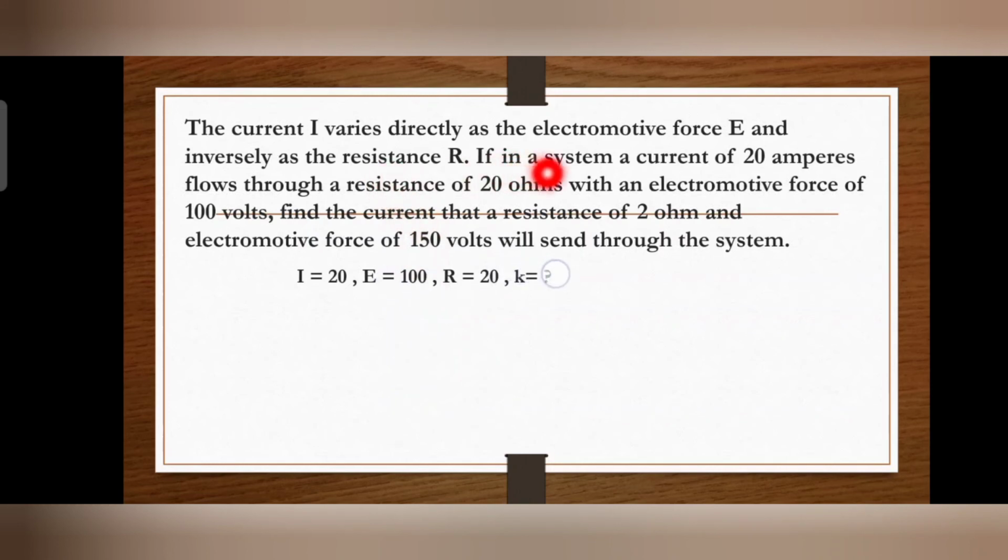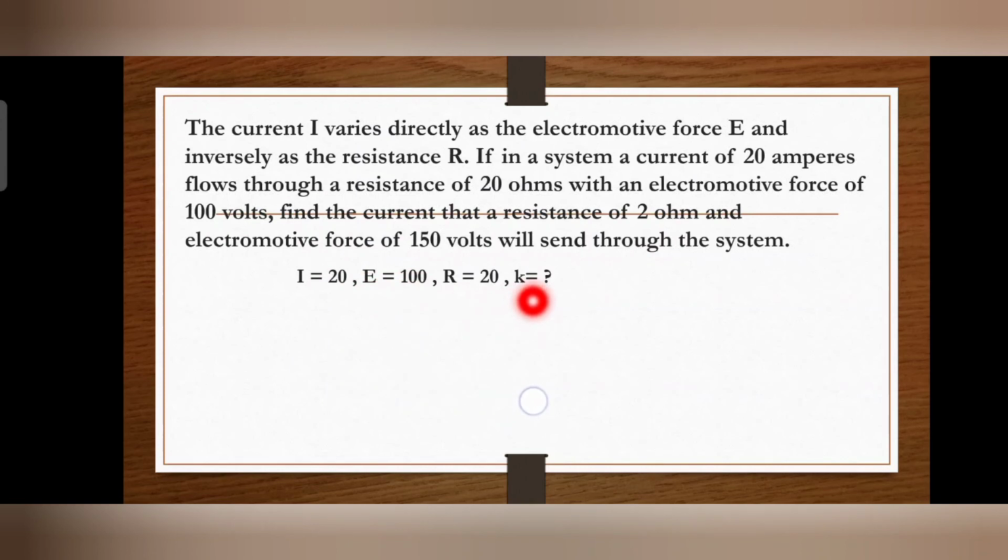So, ang I natin is, if in a system, a current of 20 amperes, it means yung I natin is 20, flows through a resistance. So, resistance R of 20 ohms, so 20, with an electromotive force of 100 volts. So, E natin is 100.